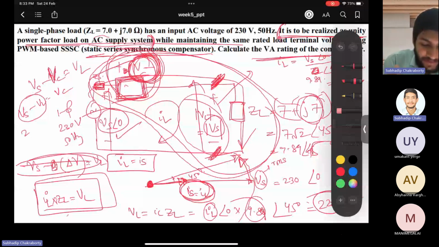You need the VA rating, right? So what is it coming? 230 angle 0 minus 230 angle 45 degrees, right?